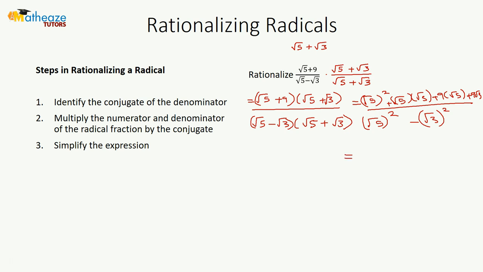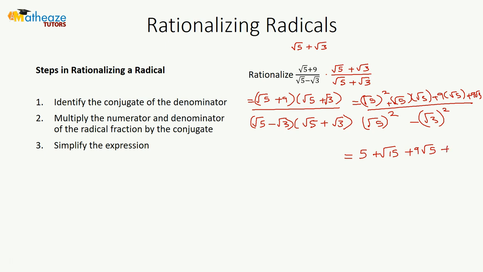So we have square root of 5 squared is 5. Square root of 5 times square root of 3 is square root of 15. 9 multiplied by square root of 5, that's 9 square root of 5.